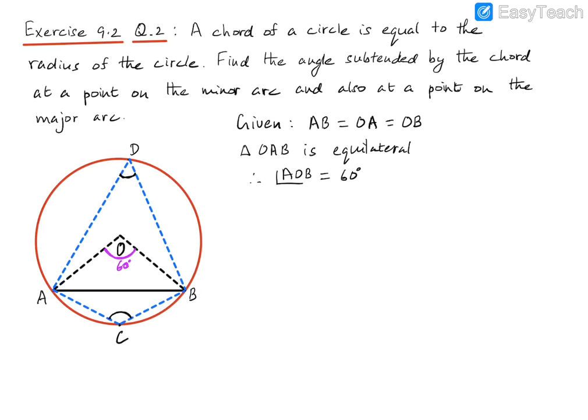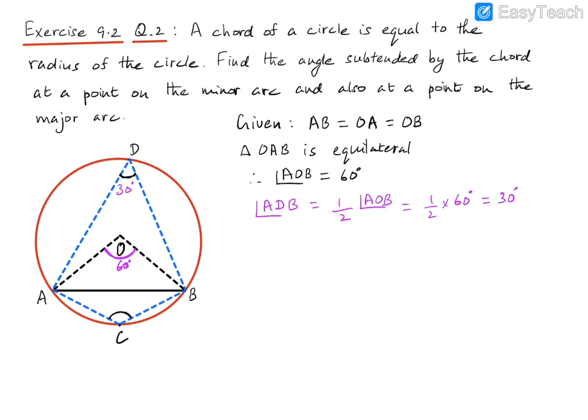So based on that we can write angle ADB is equal to half of angle AOB, and that is equal to half of 60 degrees. So therefore we get angle ADB as 30 degrees. This angle ADB over here we have obtained as 30 degrees.